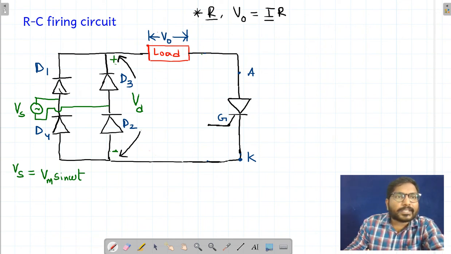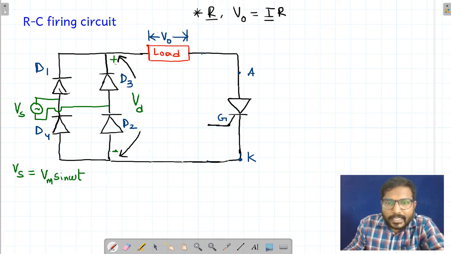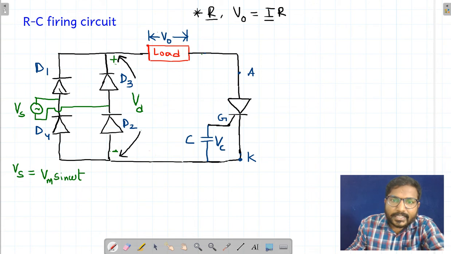In this method, I am connecting a capacitor between gate and cathode, and the charging voltage across the capacitor is Vc, having positive and negative.